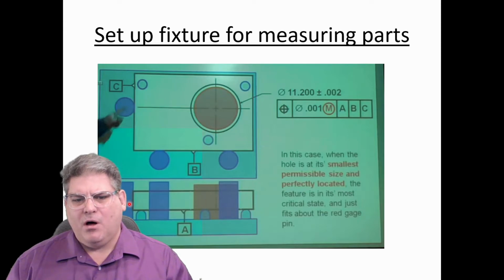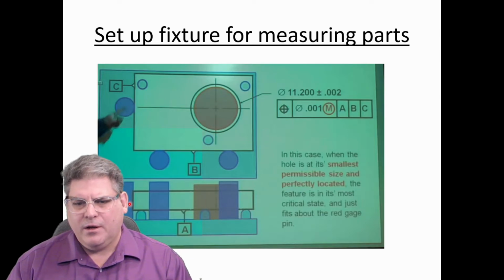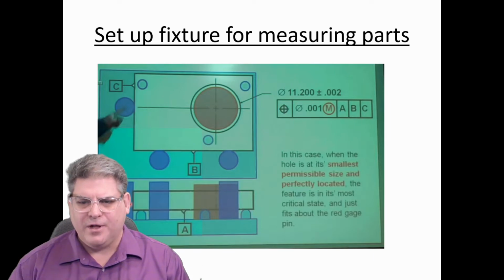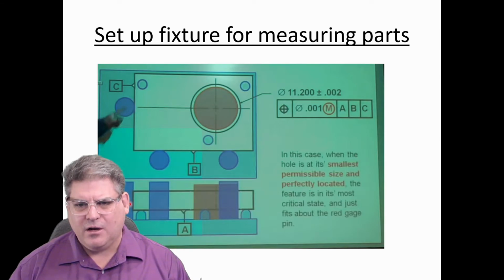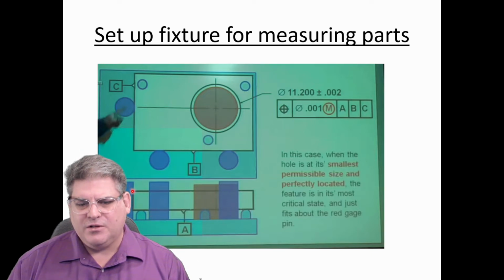Now here's an example of a drawing that shows us how you would actually fixture that, and so let's take a close look at this, and you'll see that let's start with datum A down here, and so here's our part sitting on the fixture, and you'll notice that there are these three little balls, 1, 2, 3.